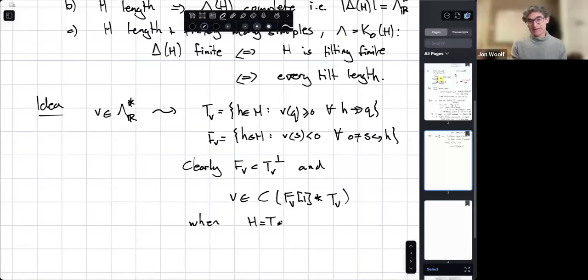So when T_v and F_v actually generate H in the appropriate way. Okay, and this always happens when H is length. But if you have a more complicated abelian category, these may not give you a torsion pair. That's why you only get completeness of the heart fan when H is length.